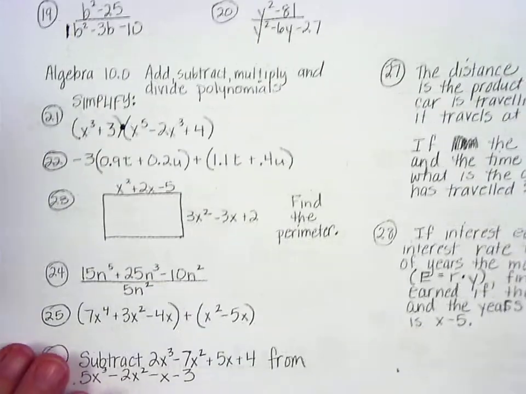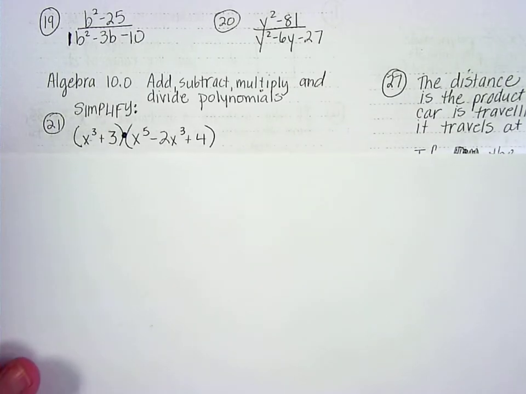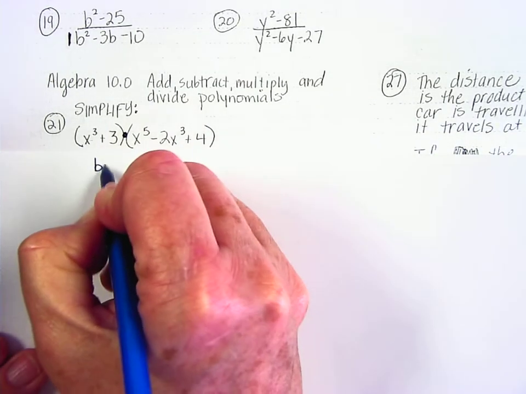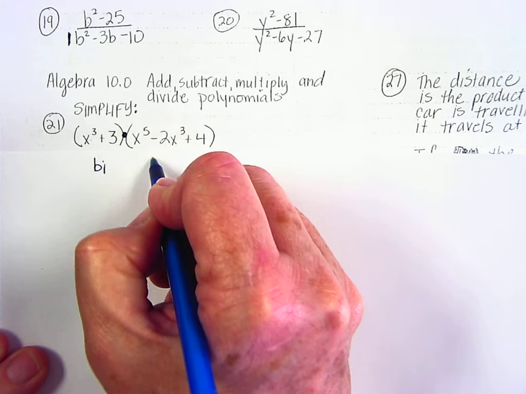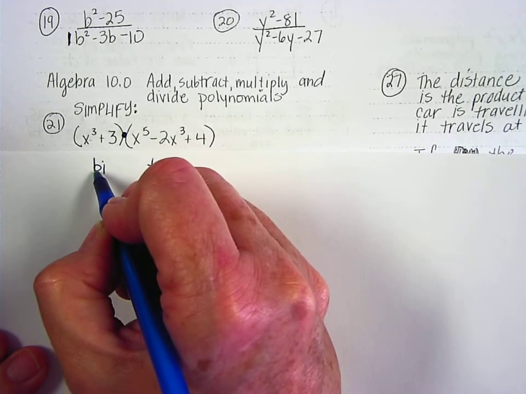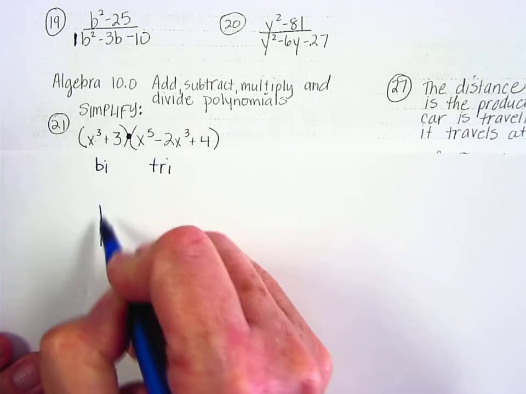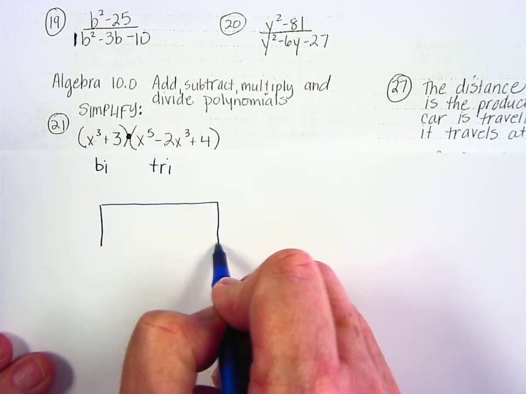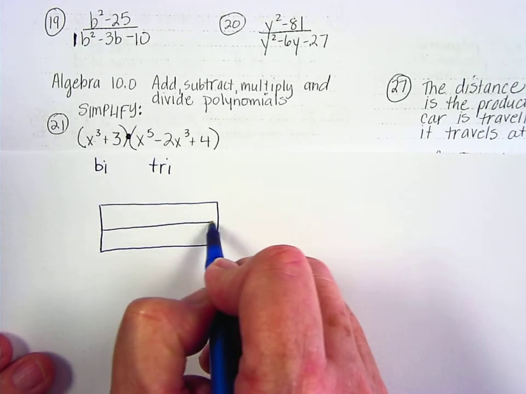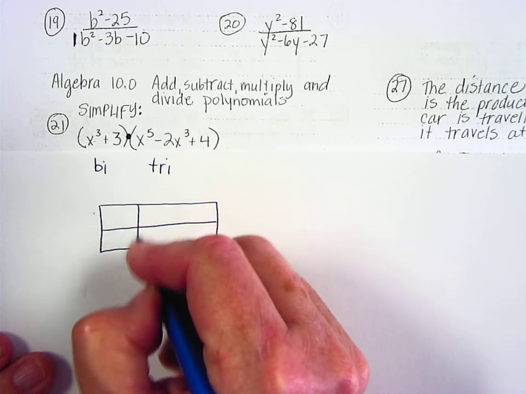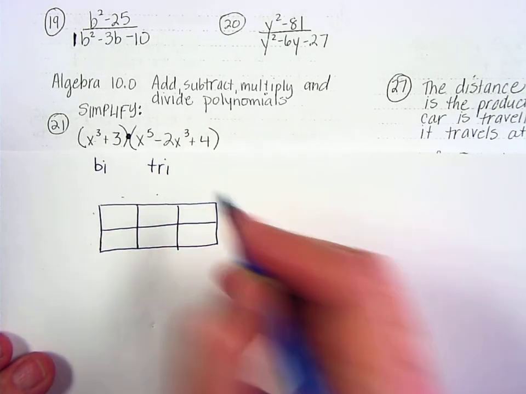So when we multiply, I know that this is a binomial, and I know that this is a trinomial. Binomial is 2 terms, trinomial is 3 terms, so that's a 2 by 3. So we're going to do 2 boxes going this way and 3 boxes going this way.